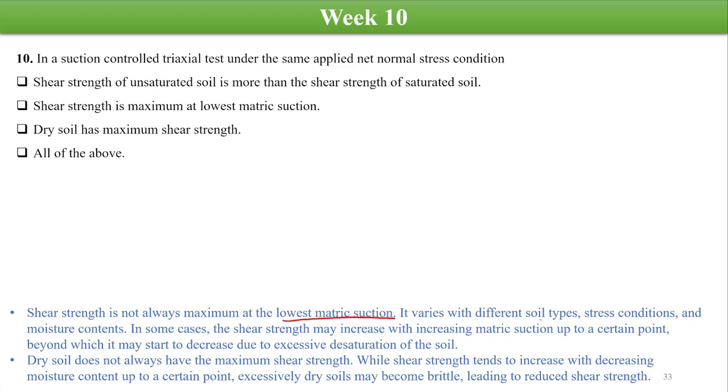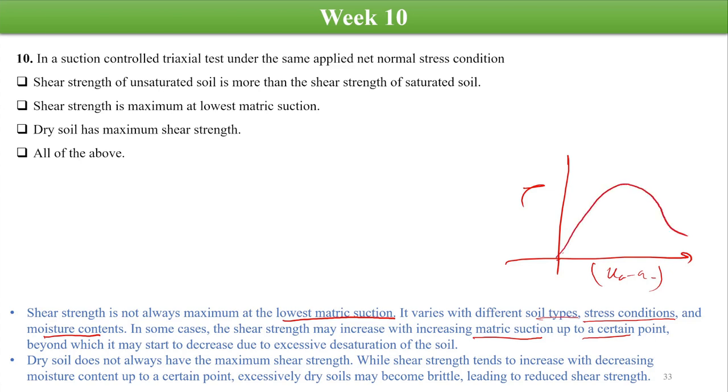It varies with different soil types, stress conditions, as well as moisture contents. In some cases the shear strength may increase with increasing matric suction up to a certain point, and beyond that it may start decreasing due to excessive desaturation of the soil. So this option will not be correct.